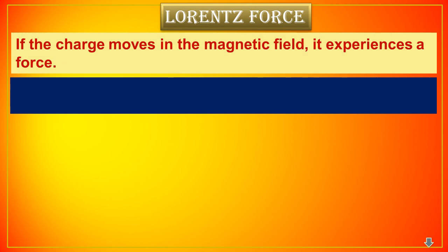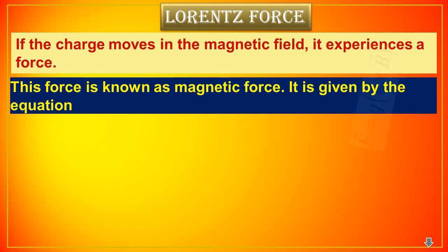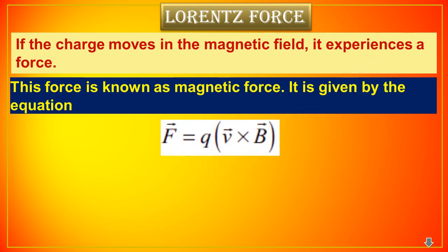Remember, this force is different from the Coulomb force, which we studied in unit 1. This force is known as the magnetic force, and it is given by the equation F vector is equal to Q, the charge, V cross B, velocity and magnetic field.